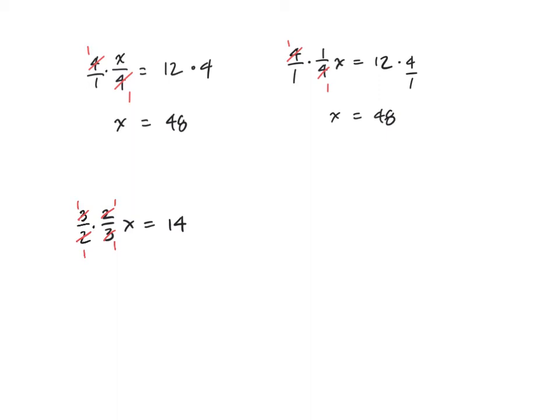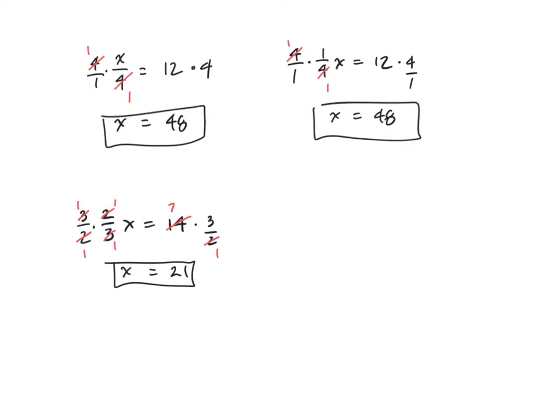So now on my left side I have x, and since I multiplied the left by 3/2, I also have to multiply the right by 3/2, and so I can cancel this 2, it becomes 1, and 2 goes into this 14 seven times, so we're left with x equals 21. Whoops, I forgot to box all my answers. Okay, let's look at a few more here.